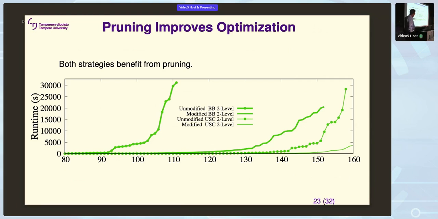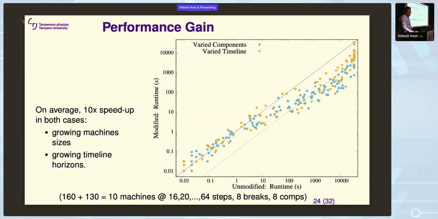So this is branch and bound, and this is unsatisfiable core. Unsatisfiable core was already much better before. But when we do this pruning, suddenly branch and bound becomes very similar to the better strategy. And still, if we do both improvements, using unsatisfiable core and pruning at the same time, we get the best results and can actually solve all 160 examples.